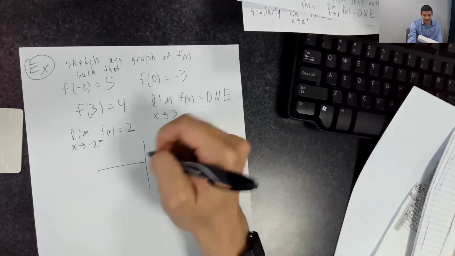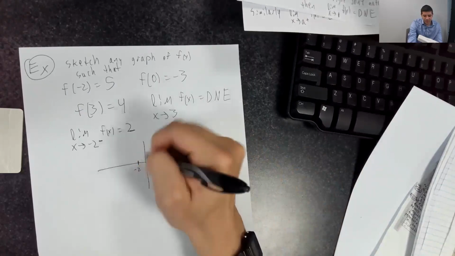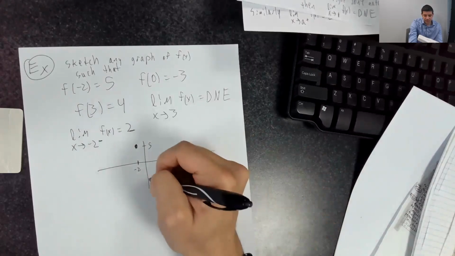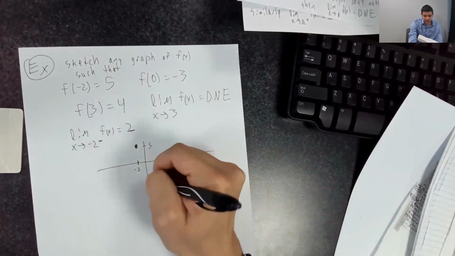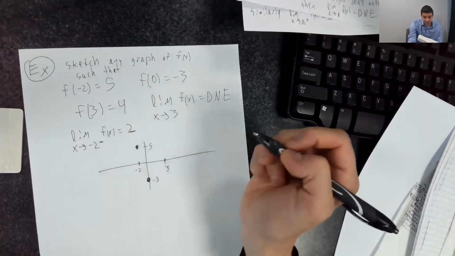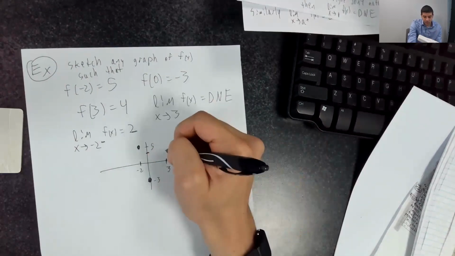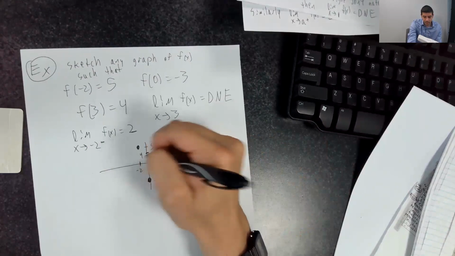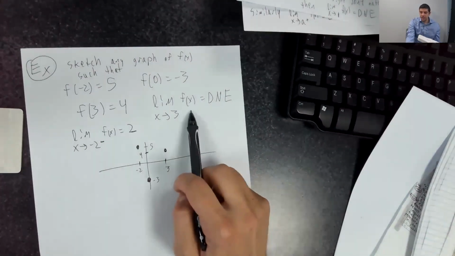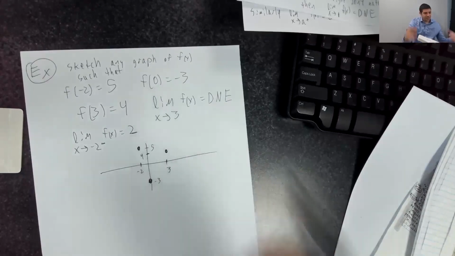F of -2 is 5, so we should plot that. F of 0 is -3, so let's plot that. F of 3 is 4, so we should plot that. Now, the limit being DNE means left and right y values are not matching up.